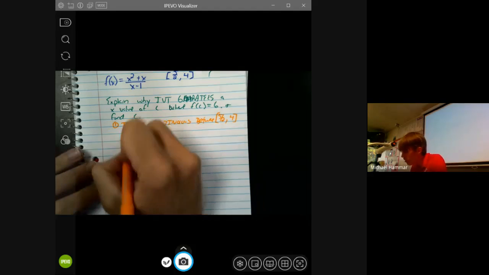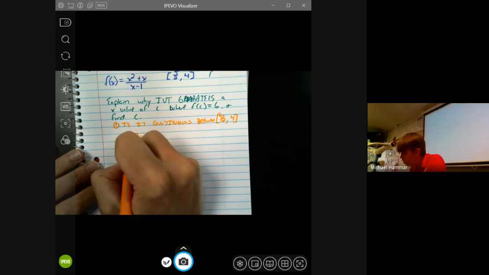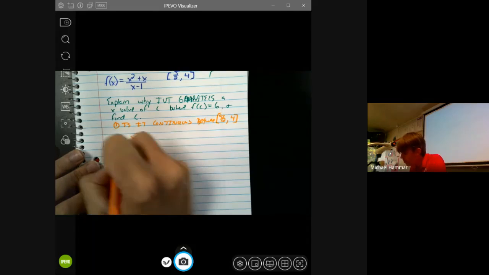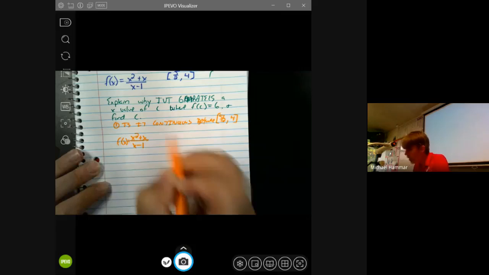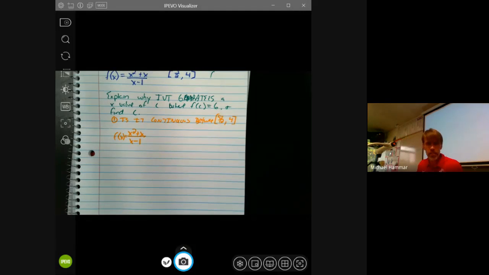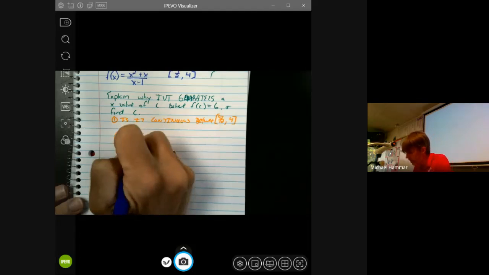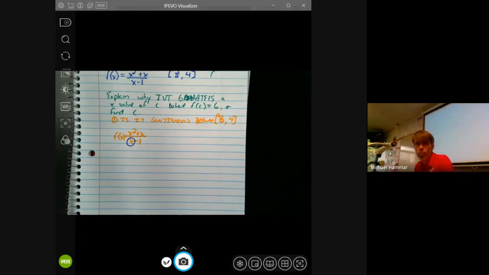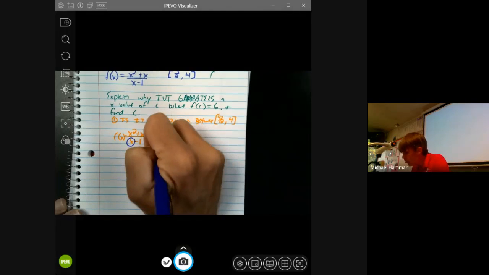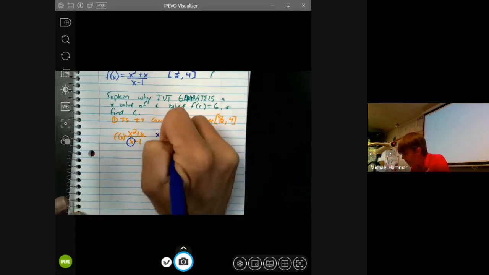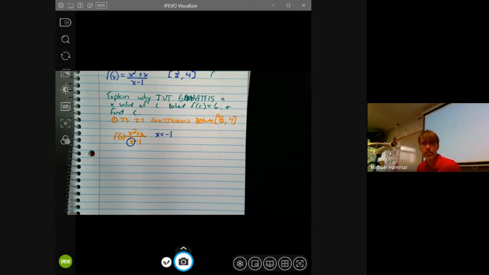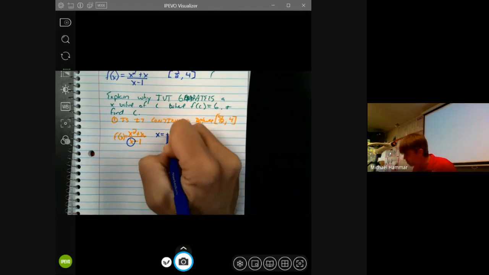Well, look at the function. This is what our function is. Looking at this function, what is the only value of x where it is not going to be continuous? Well, if I look here, what number would make that equal to 0? If I think about it, it's going to be positive 1.